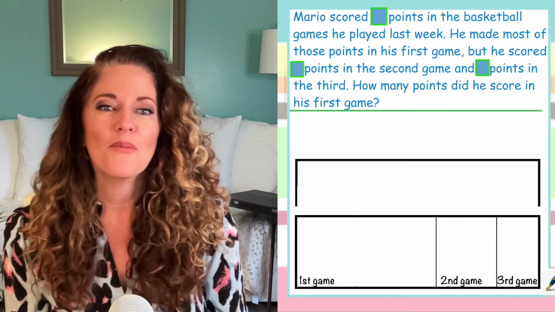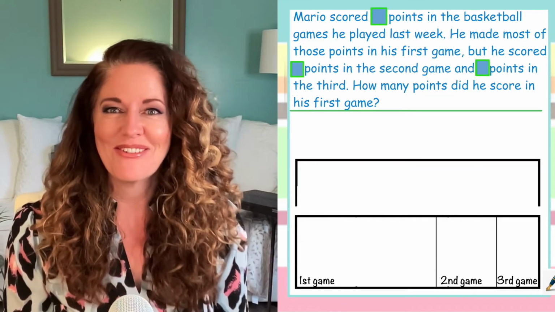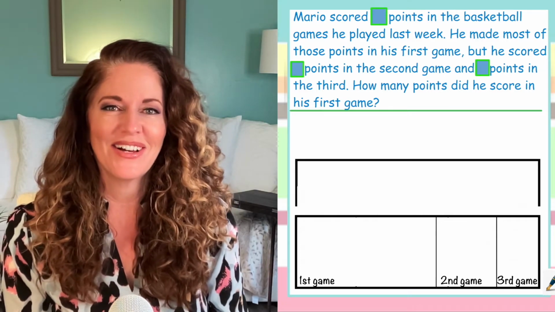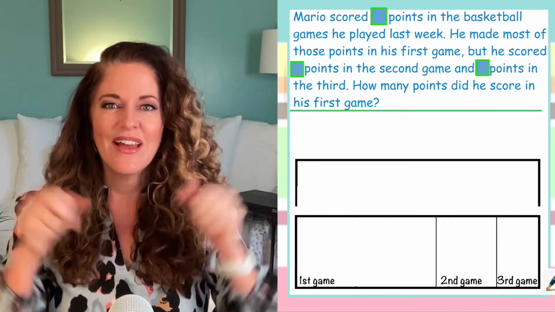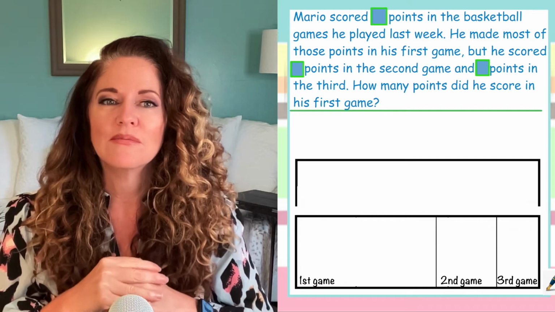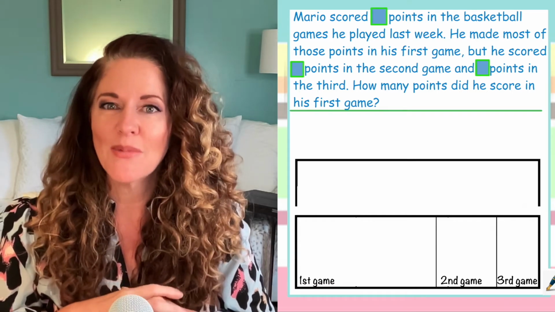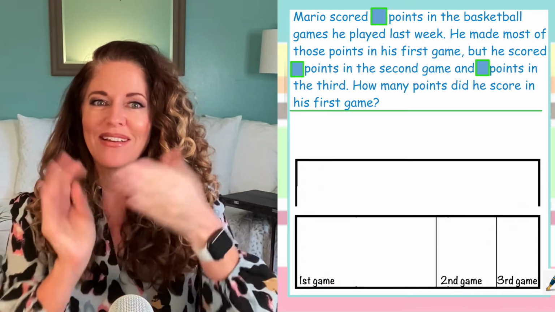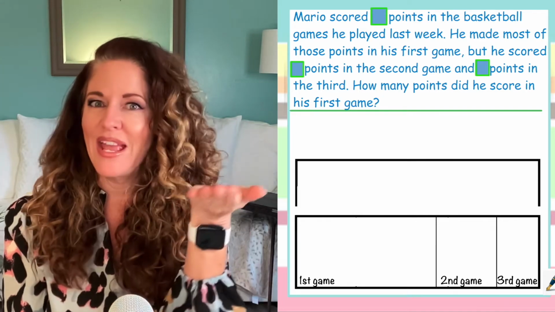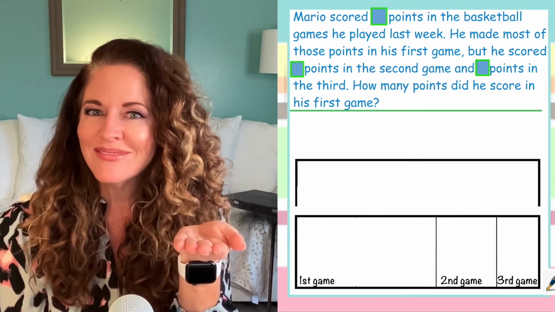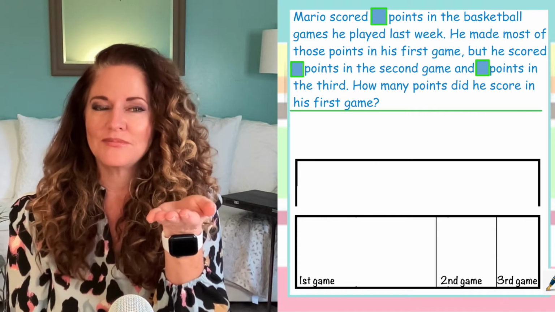Moving into a little more challenging territory, now we've got 3 parts. So let's take a look. Let's start with our hands. Mario scored blank points in the basketball games he played last week. So here's all the points in the games that he played when? Last week.